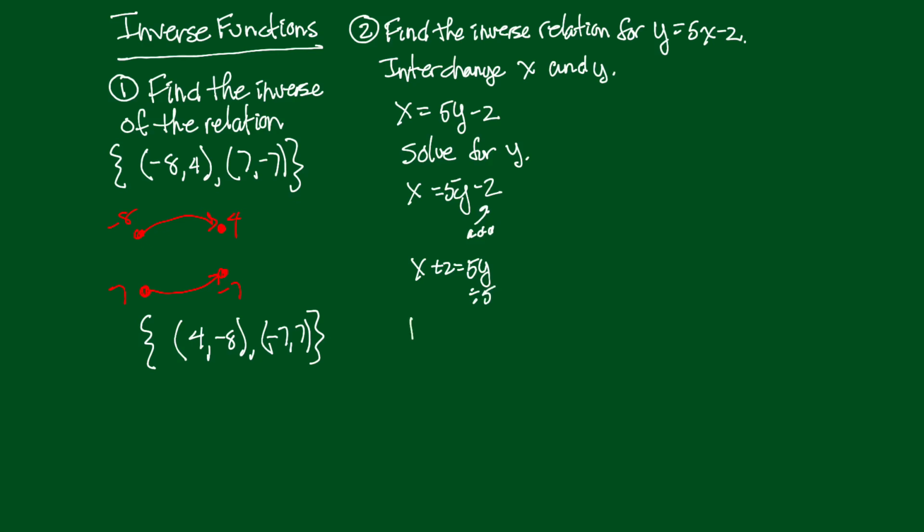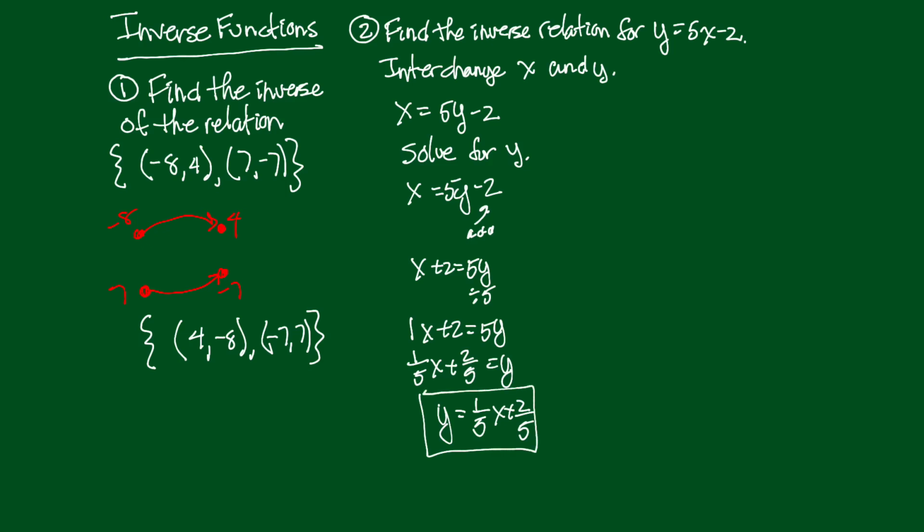So this is really 1x plus 2 equals 5y. So I'm going to get 1/5 x plus 2/5. That's equal to y. Or how about y equals 1/5 x plus 2/5. I'm going to claim that that is the inverse of the original equation.